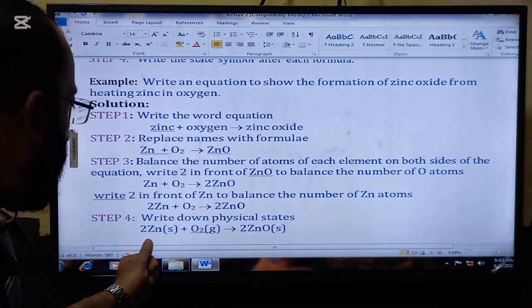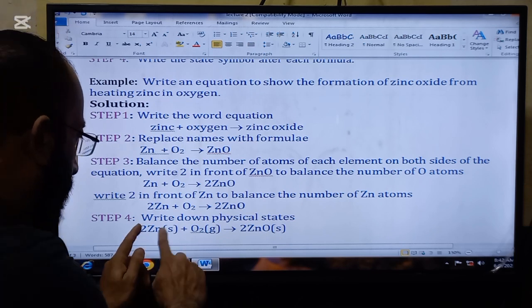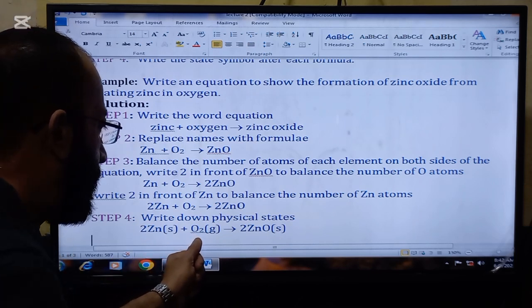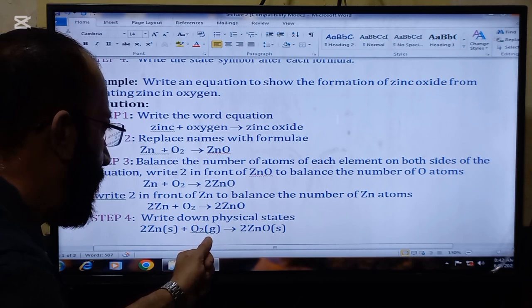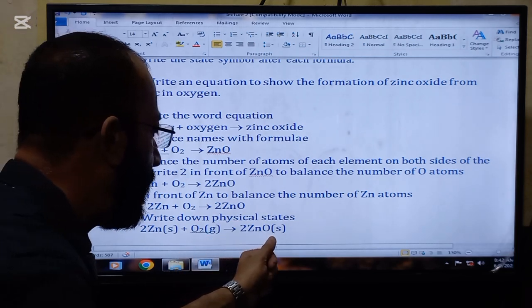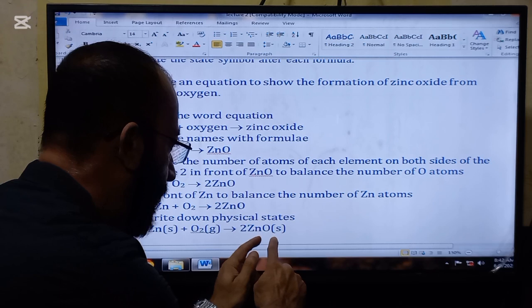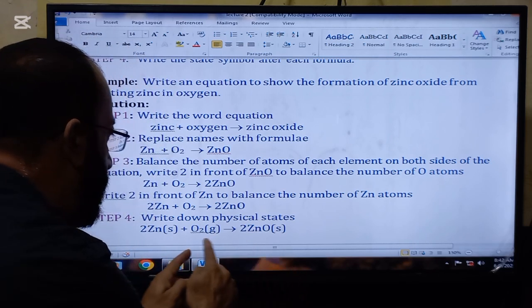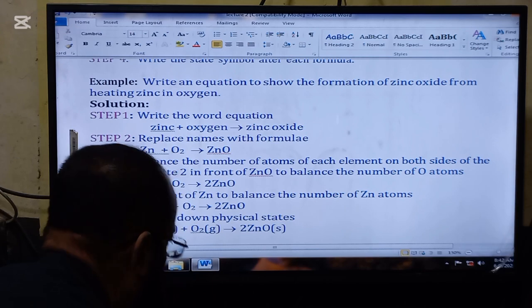Zn is a solid, that's why in brackets we put s. s stands for solid. Oxygen is a gas, so g stands for gas, and ZnO is a solid, so s stands for solid. So s, g and s are the state symbols of the reactants and products.